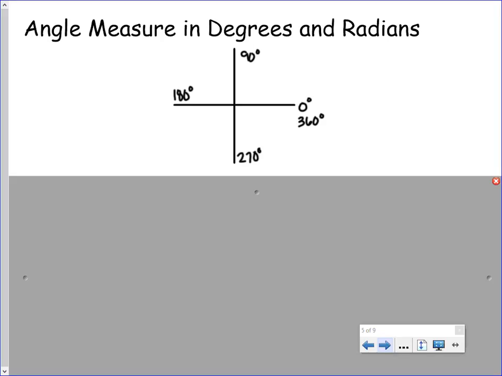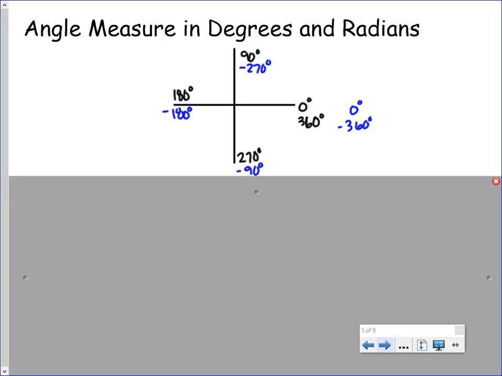We would still start at 0, but then we would go clockwise to negative 90, negative 180, negative 270, and negative 360. So the difference is the numbers are now negative, and we go around the other direction.